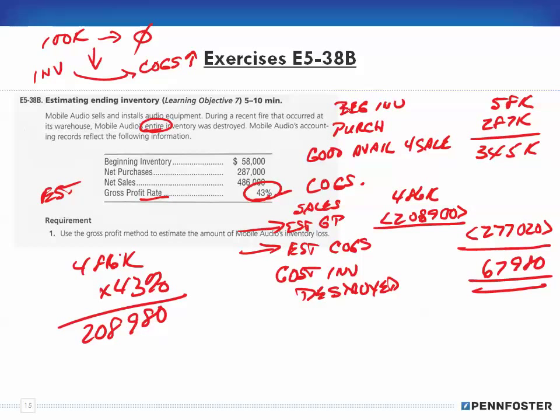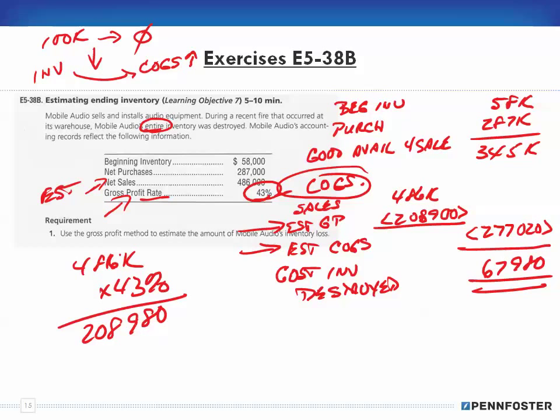We start out with our beginning inventory, we add in our purchases, which gives us an amount available for sale. Then we subtract out our cost of goods sold, and that gives us our ending inventory. However, in this case, we had to figure out what our cost of goods sold was, knowing that we have our net sales and this gross profit rate. So we do that extra calculation, and that gives us the cost of the inventory that was destroyed.